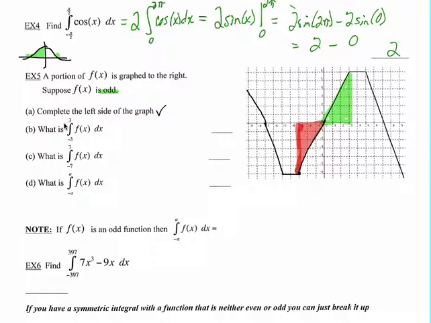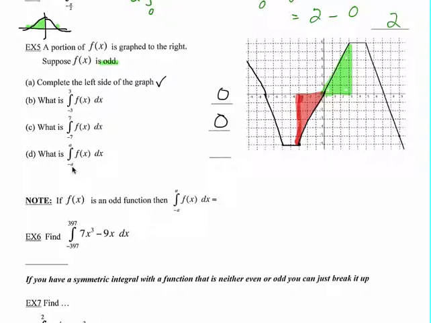And since we're taking the integral, and the integral does care about whether the value is positive or negative, the positive cancels out with the negative, and the value of that integral is 0. If we go from negative 7 out to 7, same concept, the value of the integral is going to be 0.